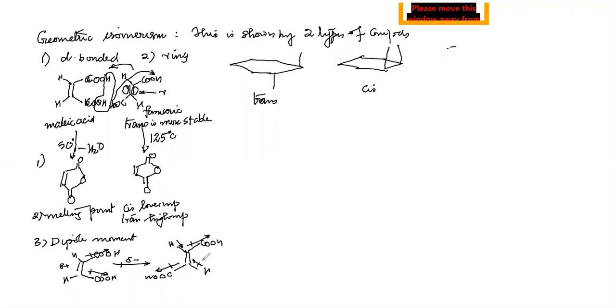So the net dipole moment is 0. Here, in the cis compound, the net dipole moment is more than 0. It is positive. So you can apply this on any cis and trans compound. So that is what geometric isomerism is and how you will distinguish between geometric isomers. Now let us come to optical isomerism.